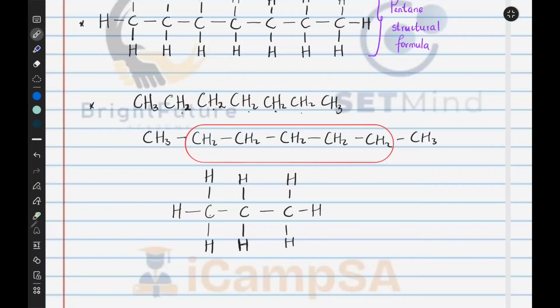The CH3s will be at the start and at the end of the entire carbon chain, and in between them CH2, CH2, CH2 repeats until the end of the structural formula.